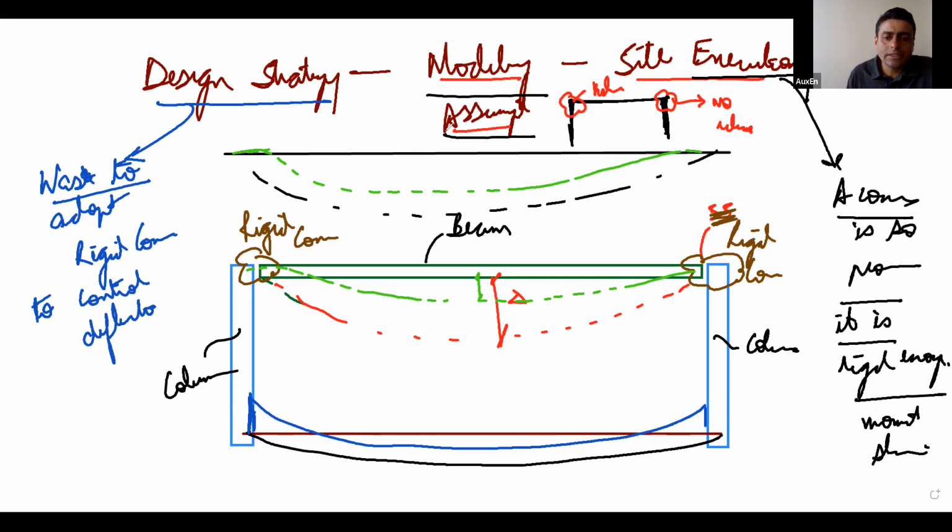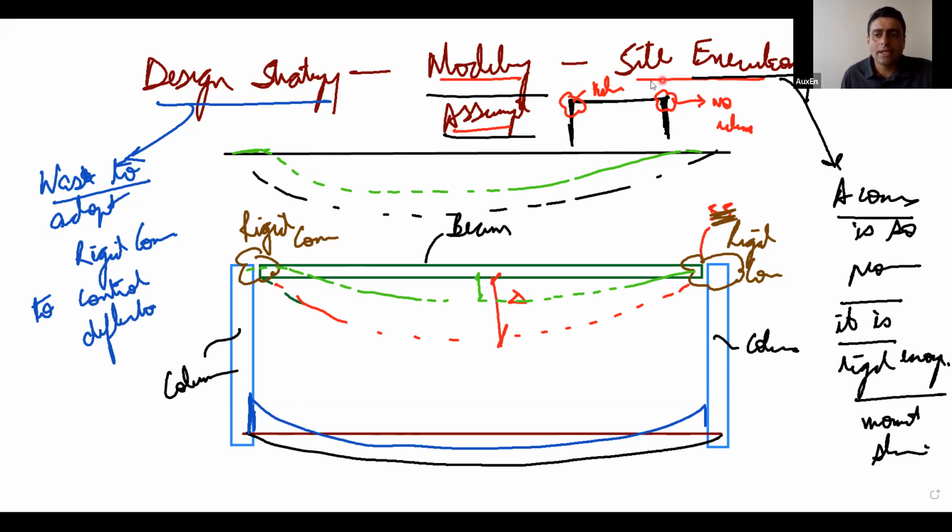Do you understand these three aspects? So your design strategy, what was your design strategy? To provide rigid connections. Why did you want to provide rigid connections? Because you wanted to control the deflection. Then in the analysis model, whether you are making it on STAAD or ETABS, you have to ensure that no releases were provided.